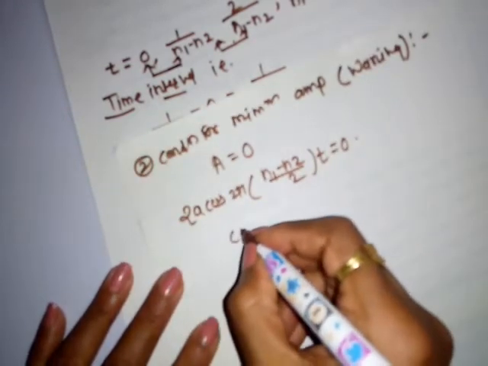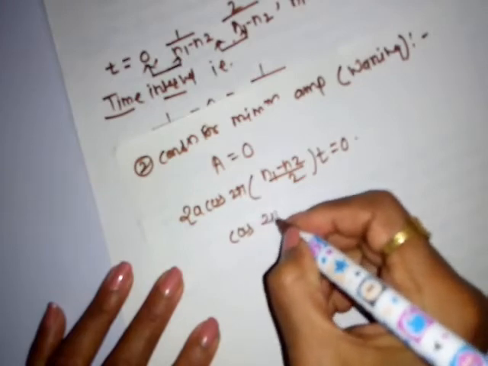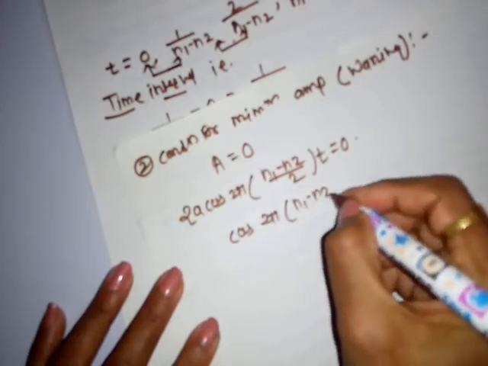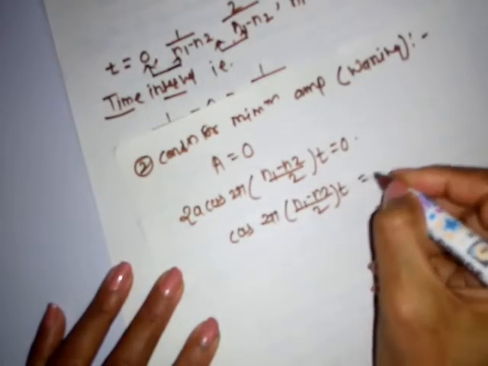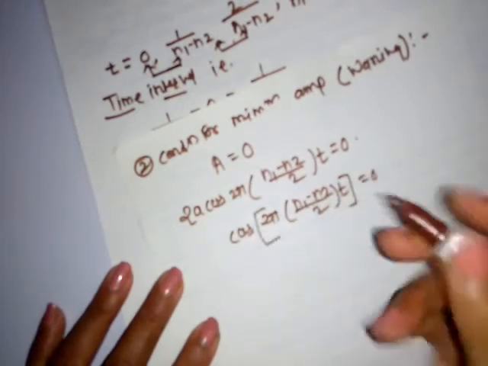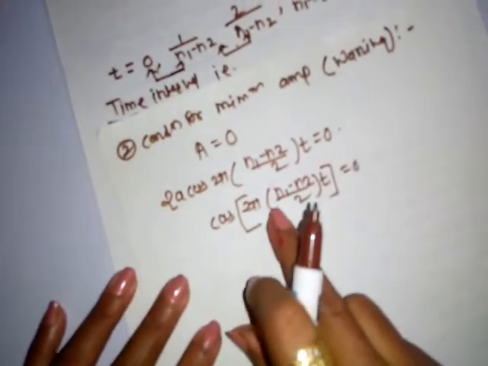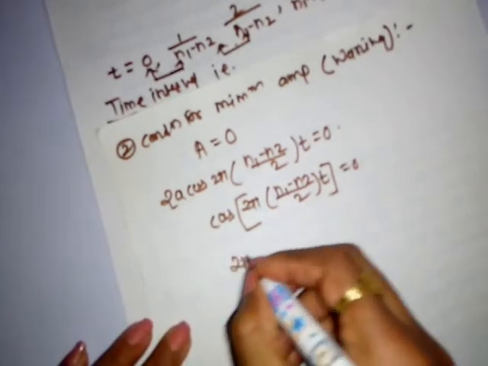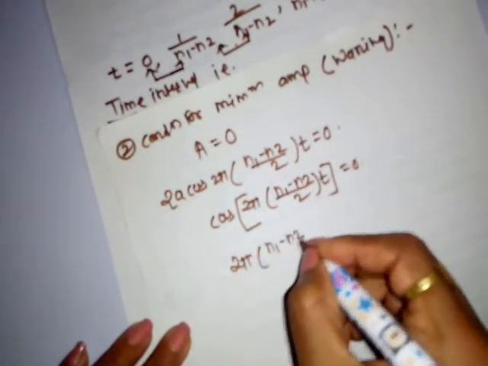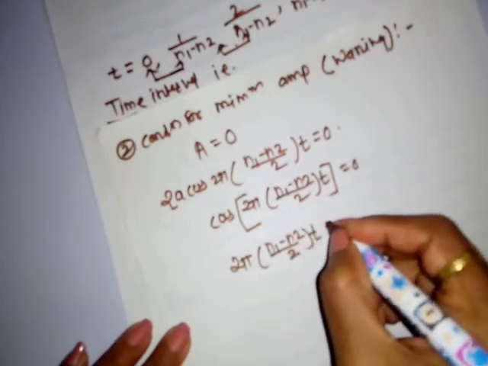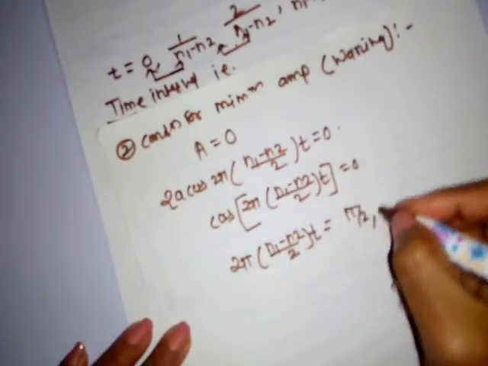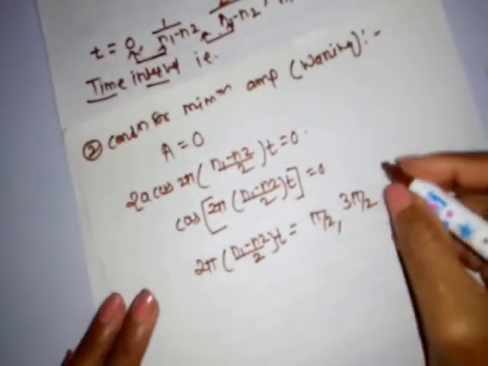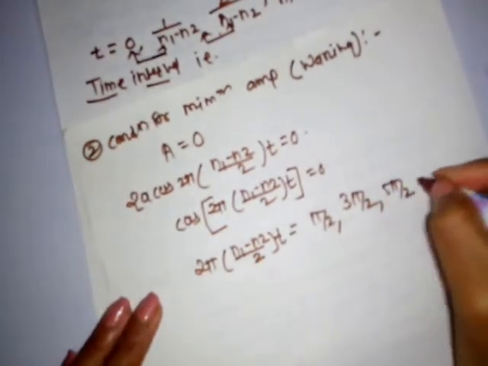Then this equation becomes cos of 2 pi (n1 minus n2) upon 2 into t is equal to 0. Now the value of cos is 0 when the phase 2 pi (n1 minus n2) upon 2 into t is equal to pi by 2, 3 pi by 2, 5 pi by 2 and so on.